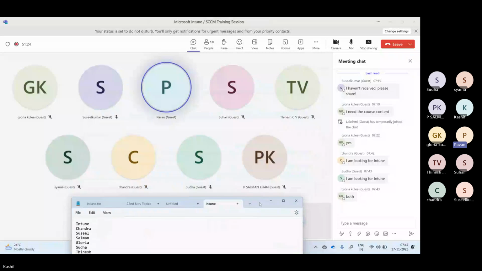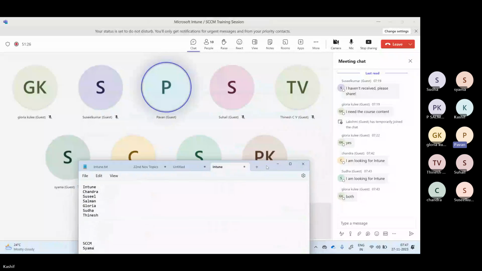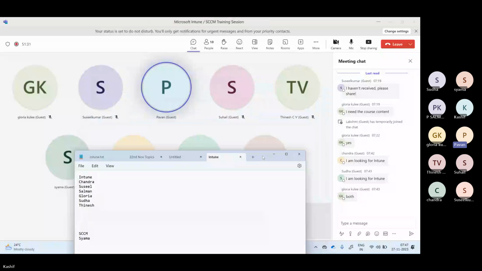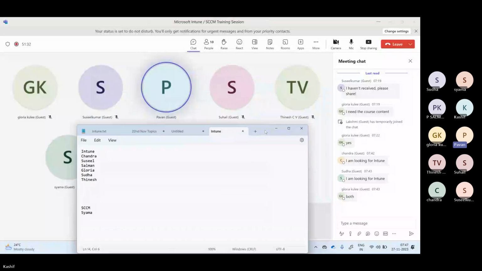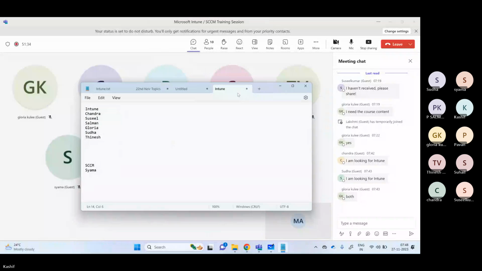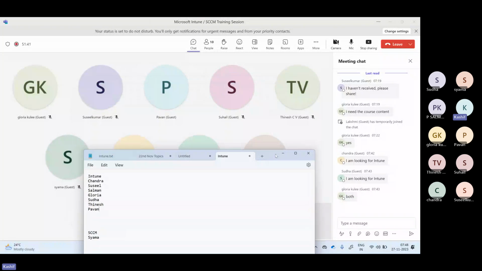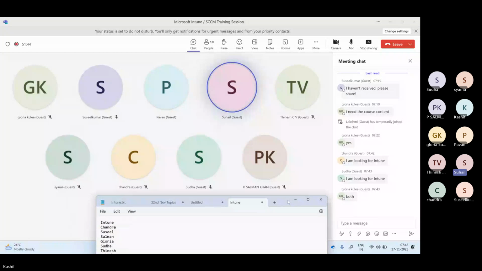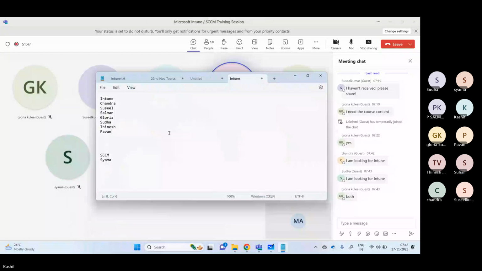Hi, Kashyap. Earlier I thought to go with the SCCM, and I've changed my mind. I would like to go with the Intune now. Okay, Pawan. Sohail. Yes, Kashif. Me too. Wanted to learn Intune.